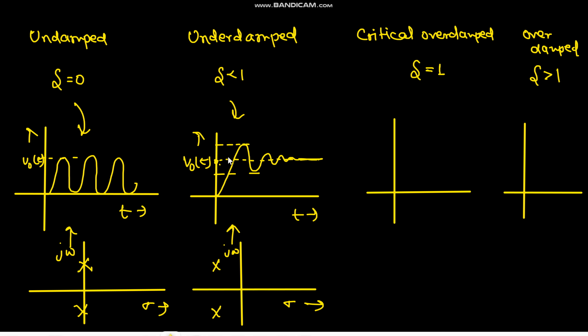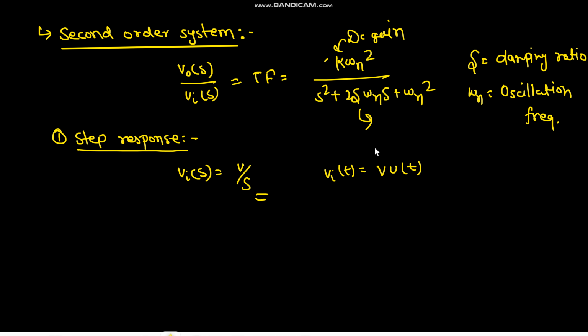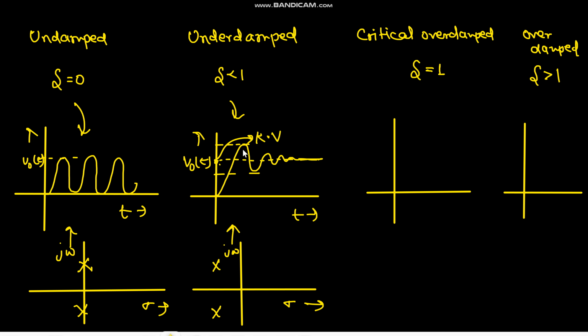So what will be this value? This will be K into V value. K is our DC gain and this is V, so K into V value will be there. Okay, and now in both of the cases it will rise and reach the kV value, but this critical damped response is faster, and this one is slower.